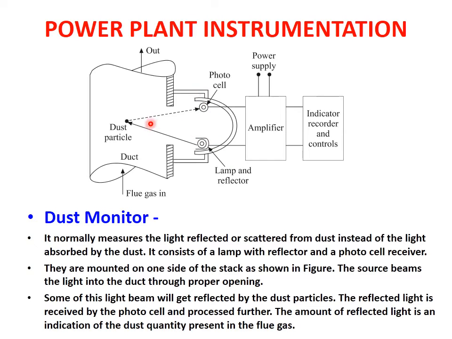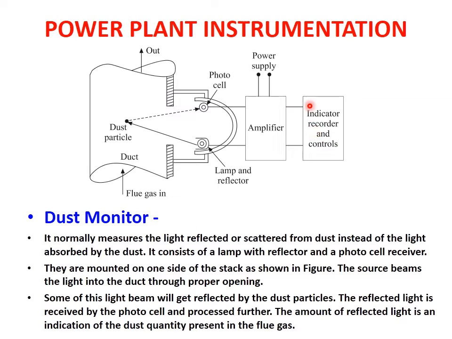So as soon as the dust comes from this pipe and reaches this location, this photocell and this lamp will create an image of that particular location as a particular solid quantity. It means when a dust particle is detected here, it will be taken up by this photocell, and the photocell will amplify it, meaning the image will be magnified.